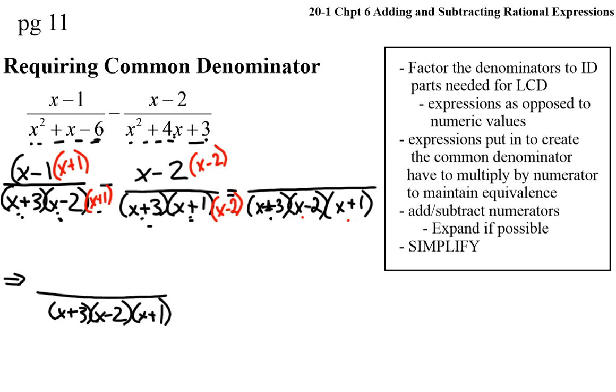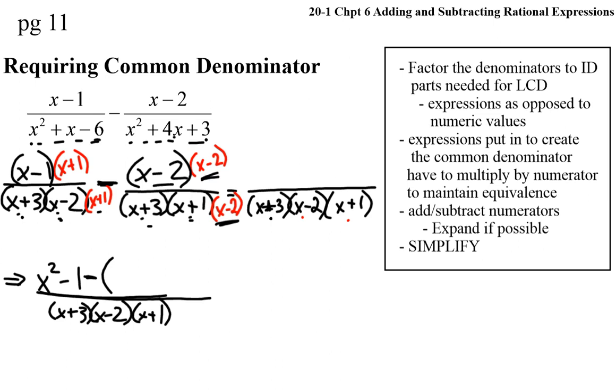We had to multiply our x minus 1 by x plus 1. FOIL, x squared minus 1. We then had to put this x minus 2 in, which means I need to multiply that numerator by x minus 2 as well. FOIL again. We're subtracting. So I need to subtract and put it in brackets because I need to make sure I subtract all of the polynomial.